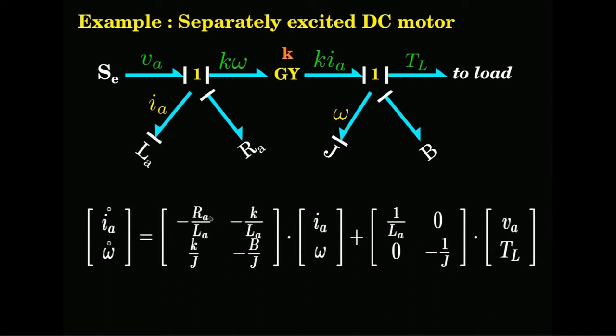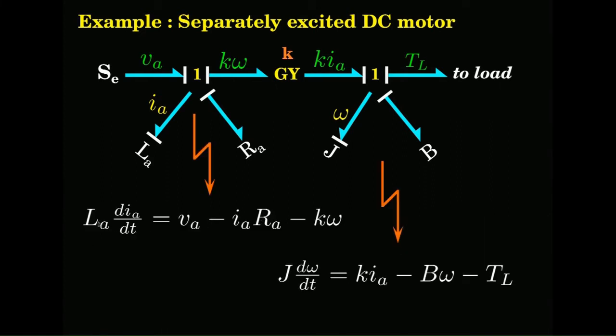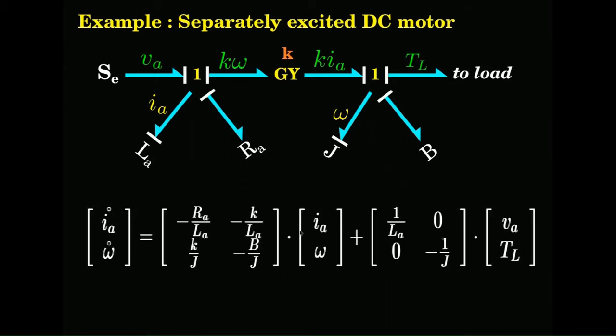Look back, this is RA by LA, LA we have taken to the right side. So, you can recognize this is minus RA by LA, and for the omega coefficient minus K by LA. So, that is what I have put: RA by LA, K by LA, and K by J and minus B by J. You can work that out.